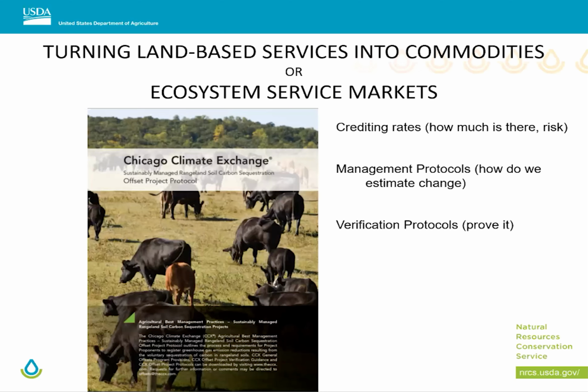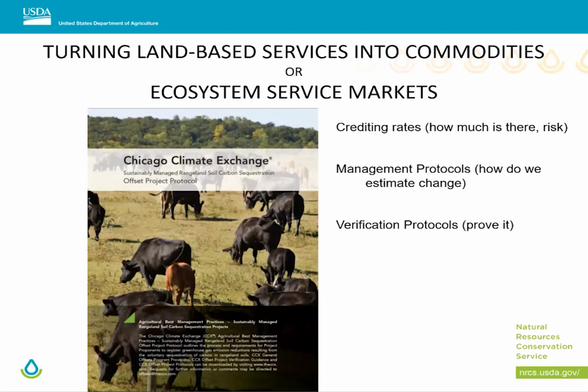Now, moving this into a market framework, how do we turn that land-based carbon sequestration or ecosystem service into a commodity via these ecosystem service markets? We have three things that we need to know: crediting rates, and that is how much is there, and what's the risk associated with those estimates; the management protocols, what do we need to do to actually get things to change; and then finally the verification protocols.